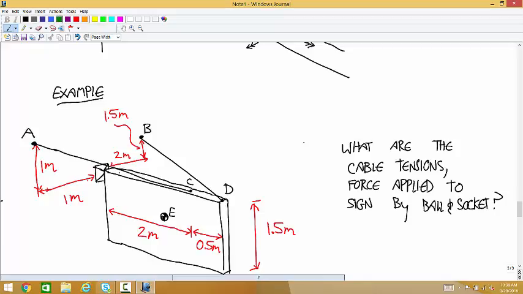And for a coordinate system, I'm going to use the x-axis that way, the y-axis that way, and the z-axis that way. X, Y, Z.